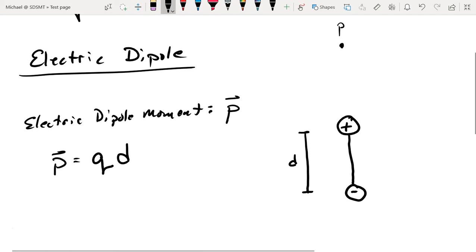Now, the dipole moment P is a vector, and so that means that one of the 2 terms on the other side is going to have to carry the vector hat.